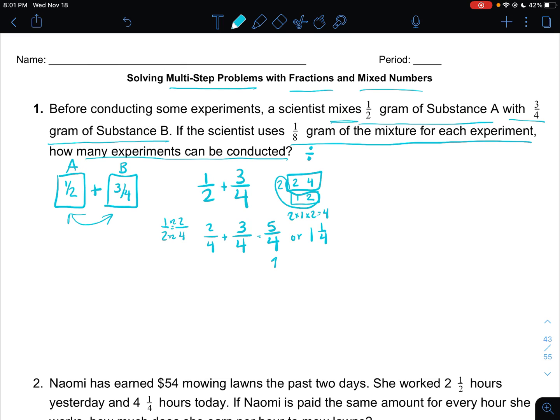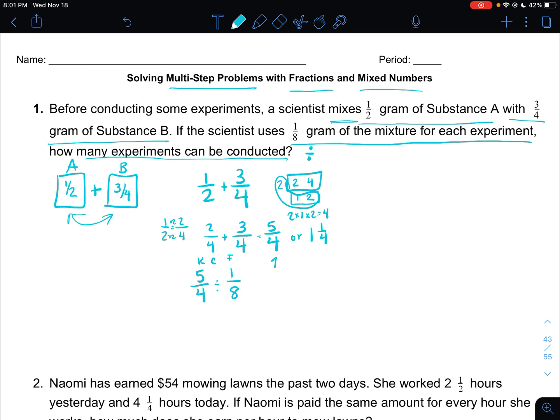But we already decided that we need to take that sum, which is 5/4 or 1 and 1/4, and divide it by 1/8. Since we're dividing, I know I'm going to have to leave it improper, because you need to make all mixed numbers improper when you're dividing. So this is 5/4 of a mixture, and we're seeing how many times I can take out 1/8 from that mixture.